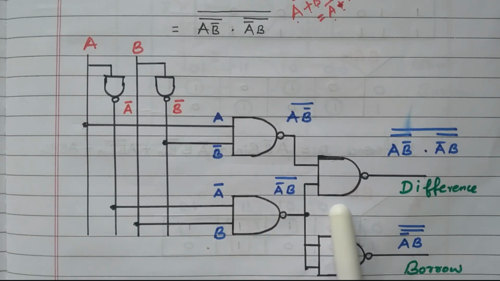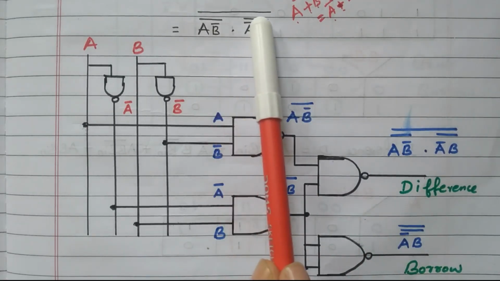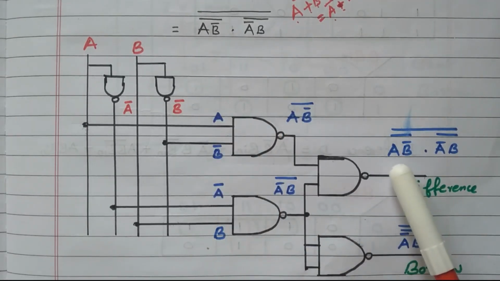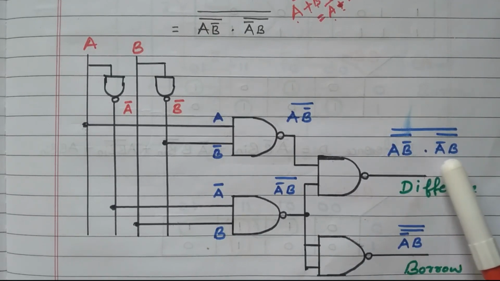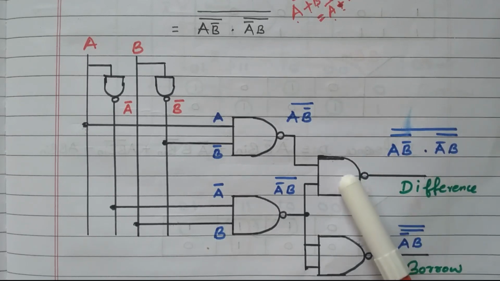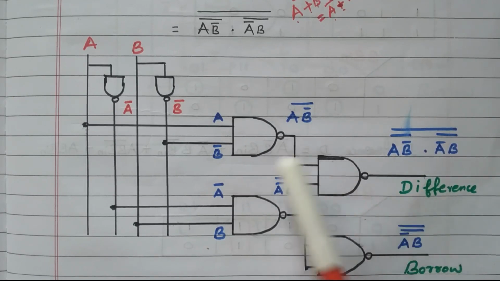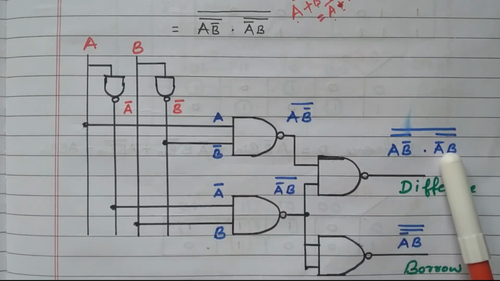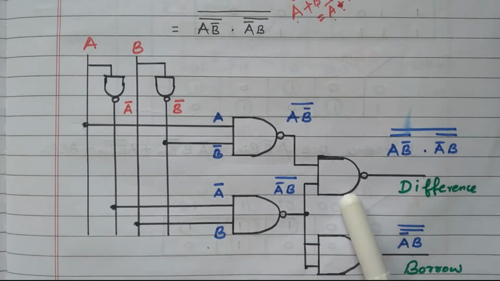Now these two are given to one more NAND gate, so that we get another complement. That is our final requirement. We need one more complement, that is A B bar the whole bar dot A bar B the whole bar, again one more bar because of this NAND gate. Now we get the final expression for difference. For this we are using one NAND gate, for this term one NAND gate, and for multiplying these two, one more NAND gate.